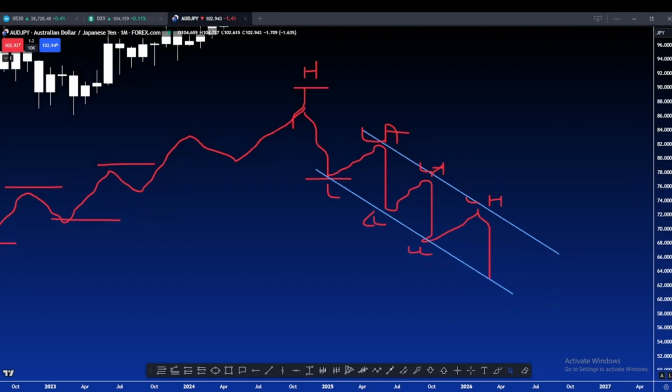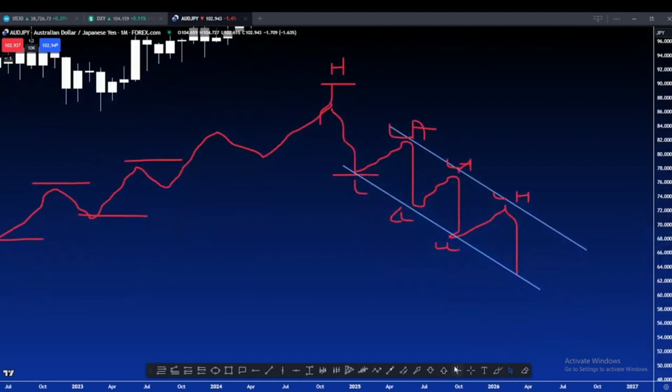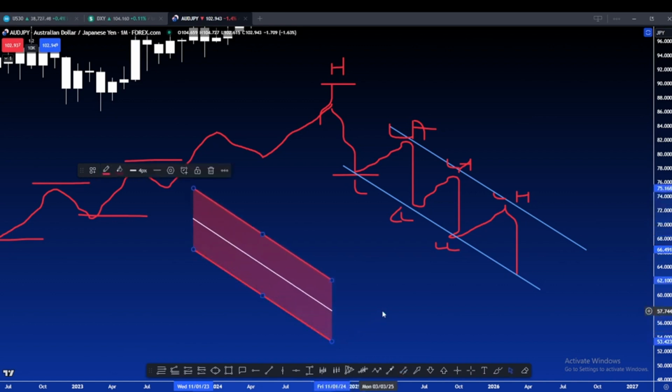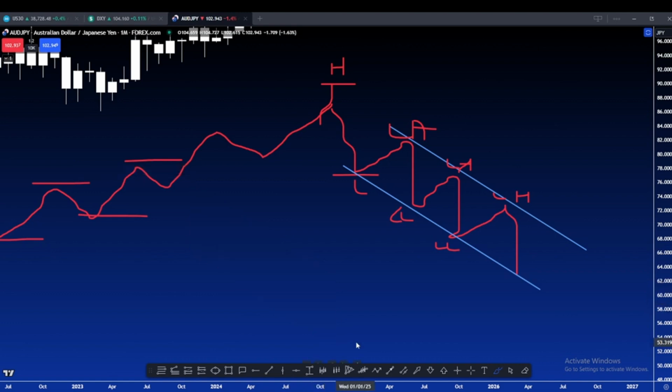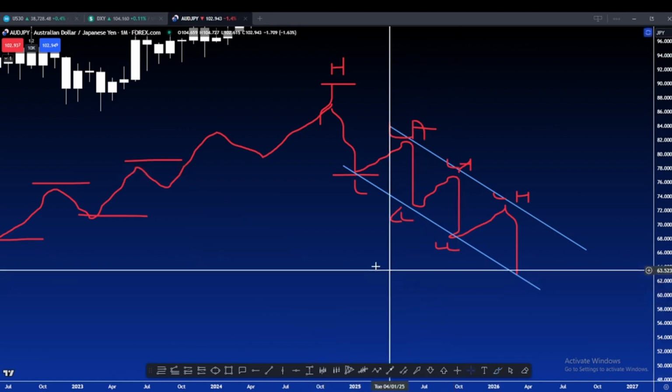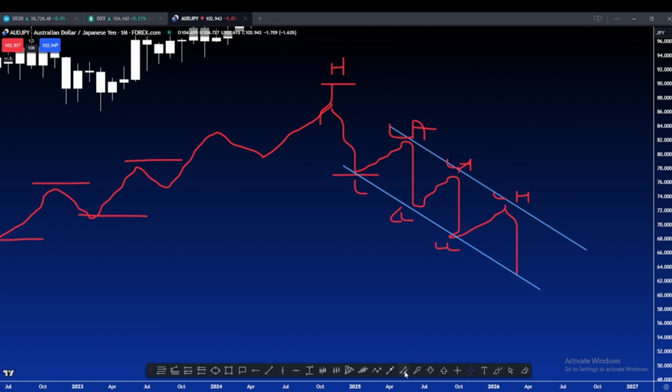And yes, at times we do use a tool like this, called parallel channels, where we can do this, because basically that's a trend line going down, and this is a trend line going down as well, because price is in some kind of downward movement like this. It's just going from the top and the bottom in a channel in a downward way where we can place the channel. But that's typically not what you're going to do each time you see a downtrend. You're just going to put a trend line where you see fit.